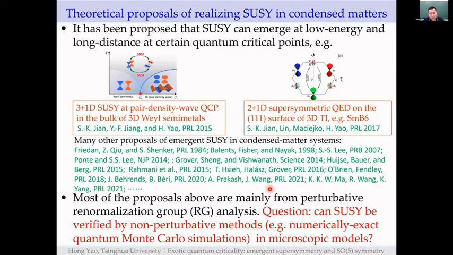Most of the proposals above are mainly from a perturbative renormalization group analysis. The question we would like to ask in this talk: can SUSY be verified by non-perturbative methods, for instance, numerically exact quantum Monte Carlo simulation in microscopic models?